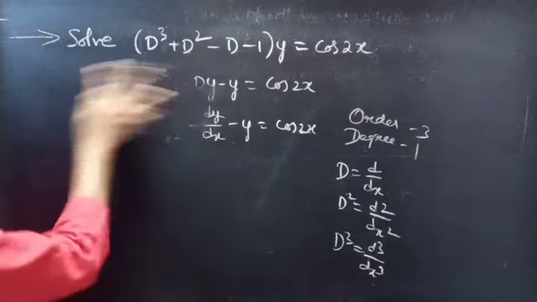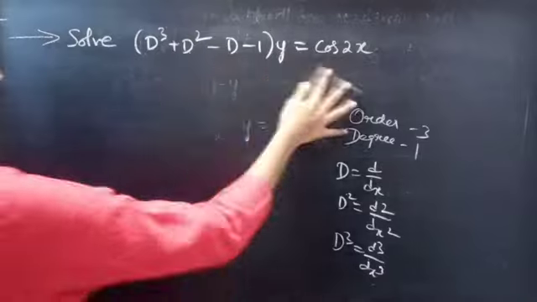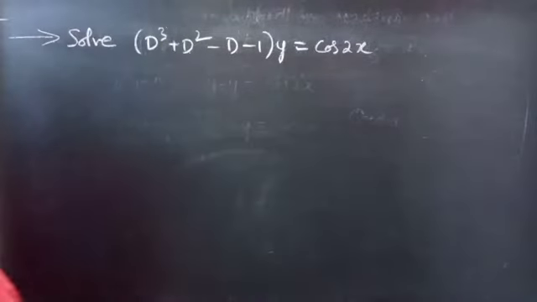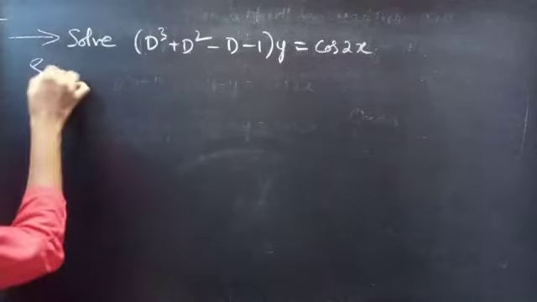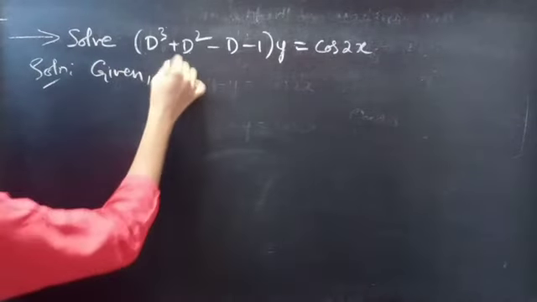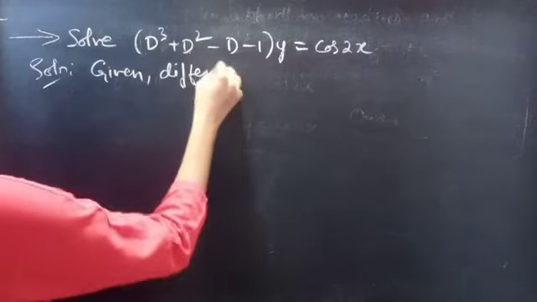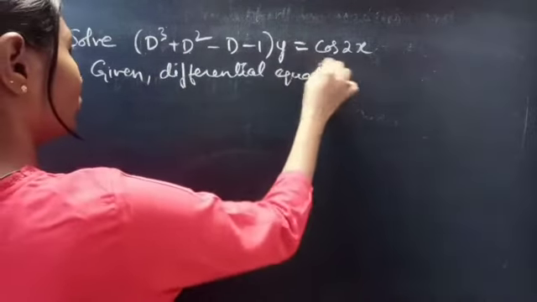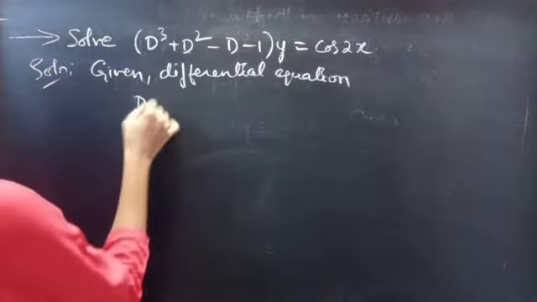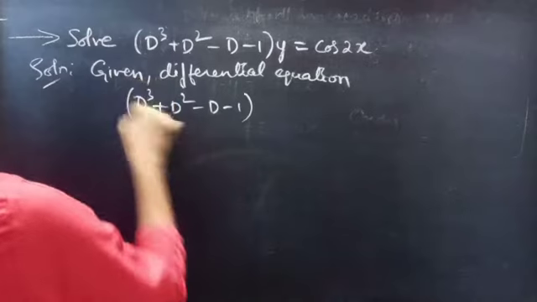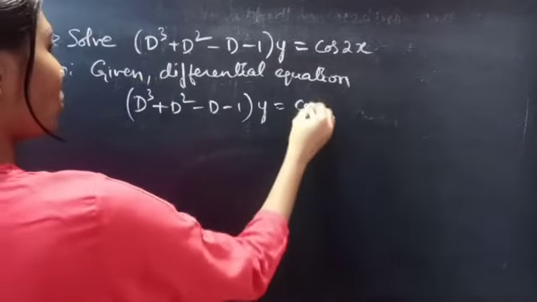Now coming to the problem. We are given a differential equation which is in operator form: (D^3 + D^2 - D - 1) y = cos 2x.